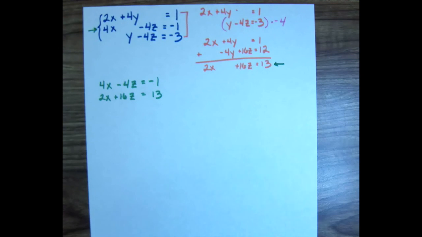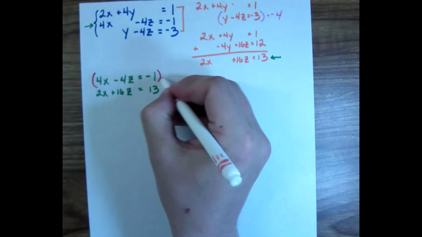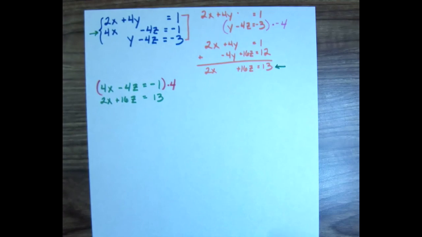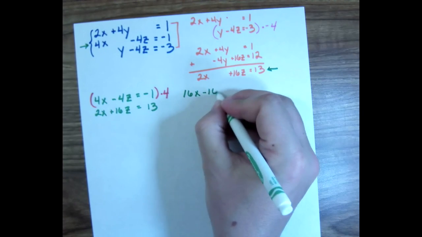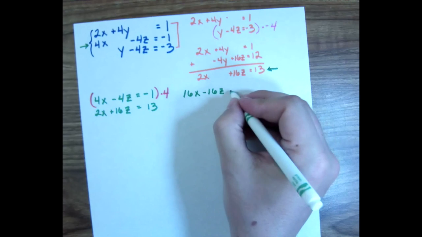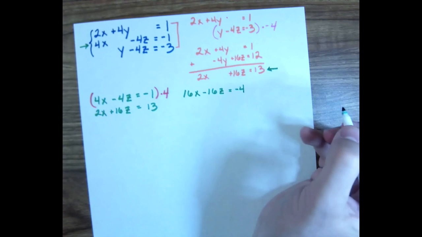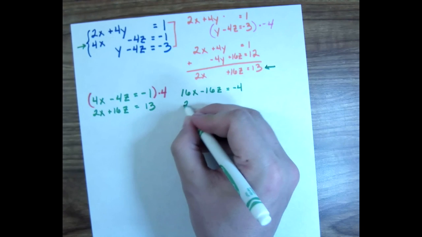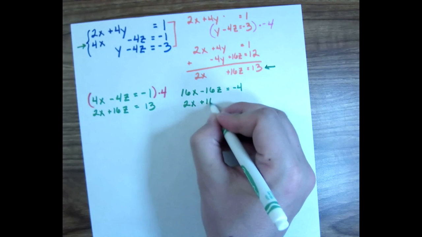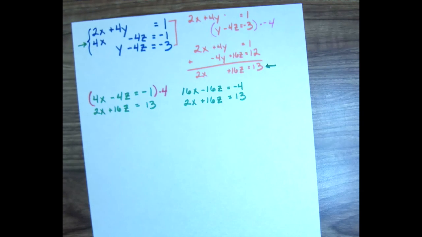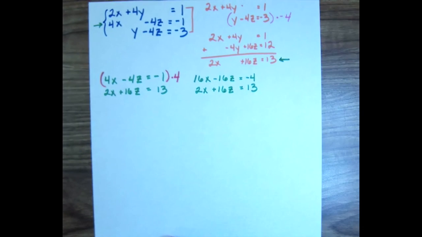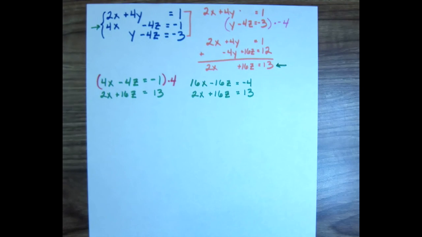Good. If I multiply the top one by 4, the z's will go away, won't they? Yeah. So that'd give me 16x minus 16z equals negative 4. And on the bottom, 2x plus 16z equals 13. I think we're good to go now, right?